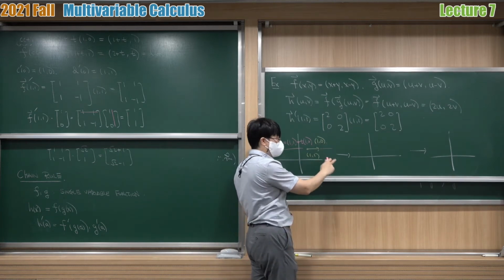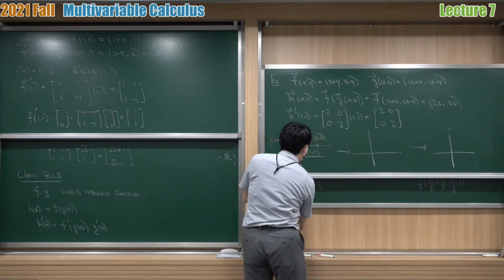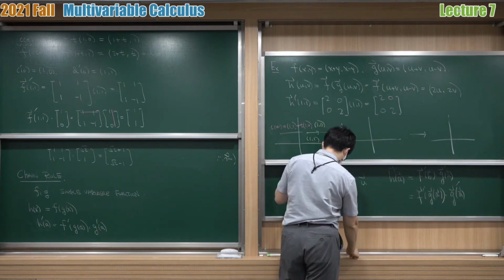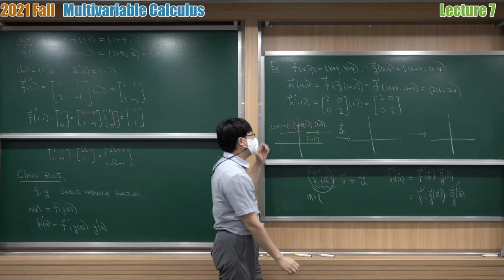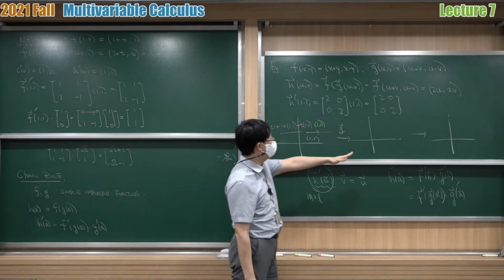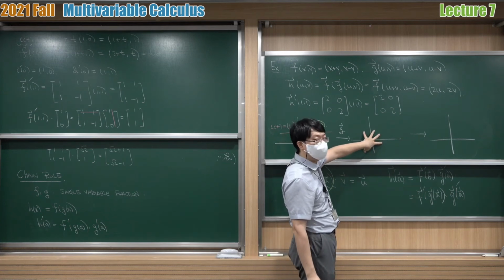This red trajectory line is mapped to which line in the target space of G?